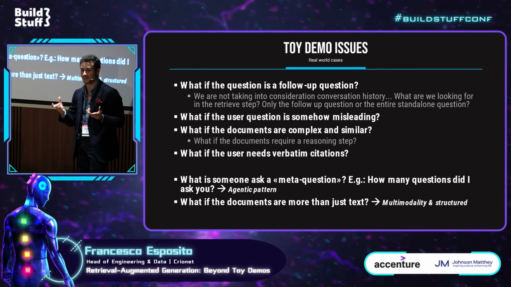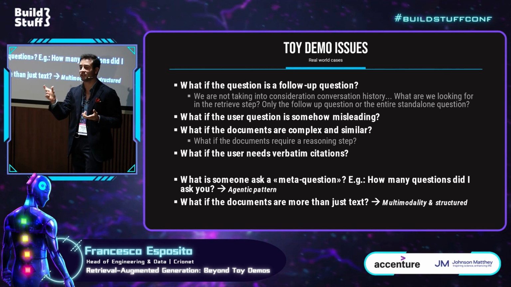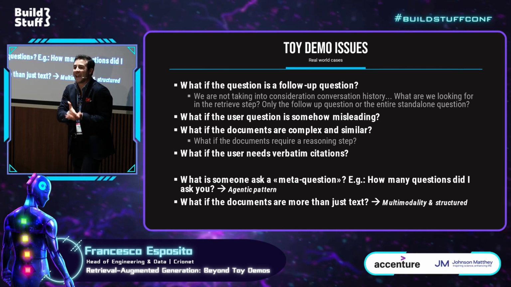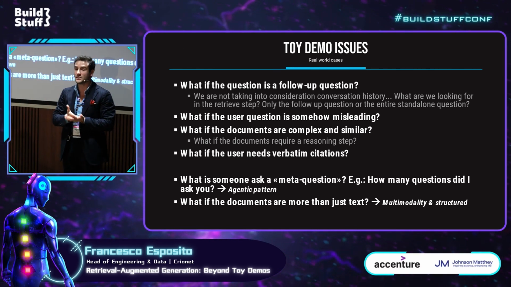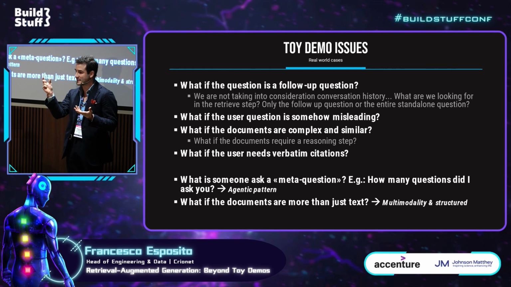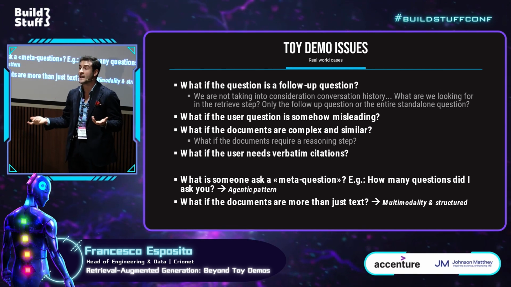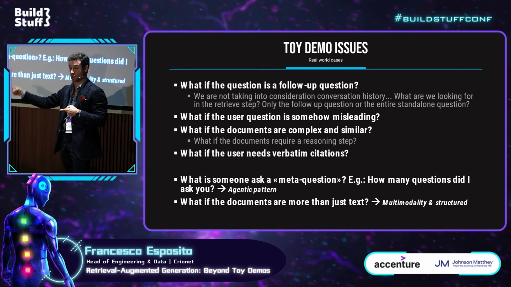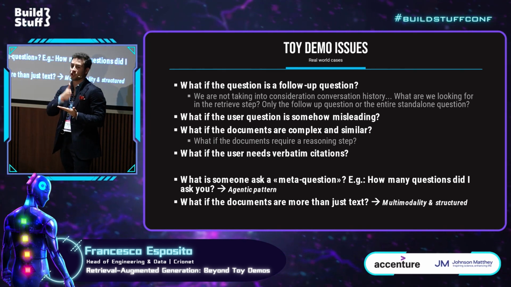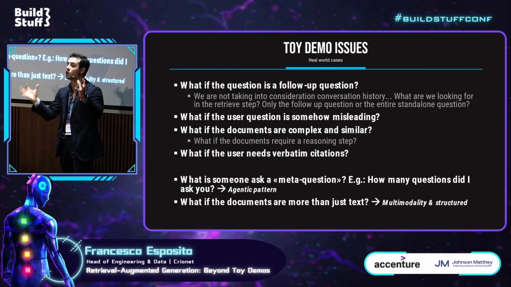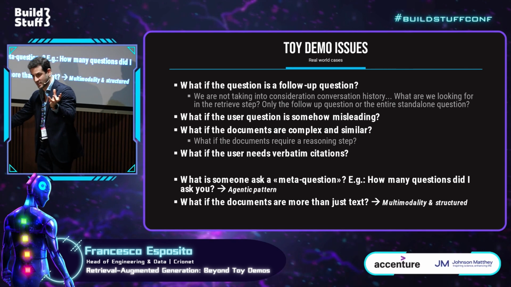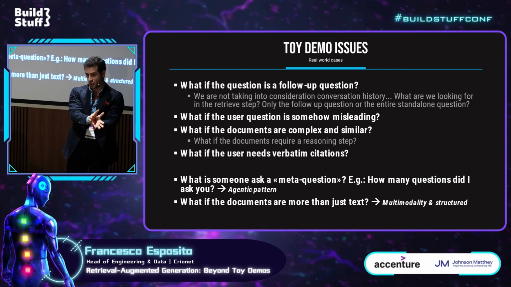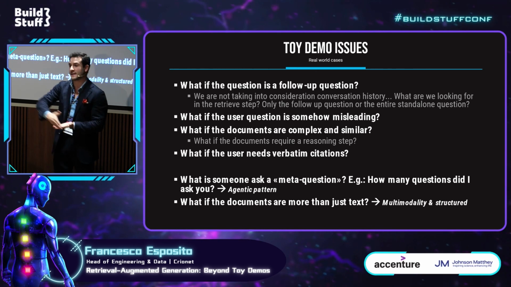If I pass this question, what about 10 years ago, to the retriever, it cannot give me any interesting result, because the question itself doesn't mean anything. It means something just in the context of the conversation. So we should condense the entire conversation and the last message into one standalone, self-contained question we can query against the vector store.